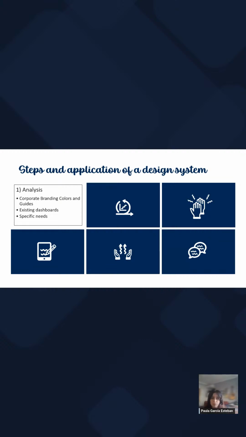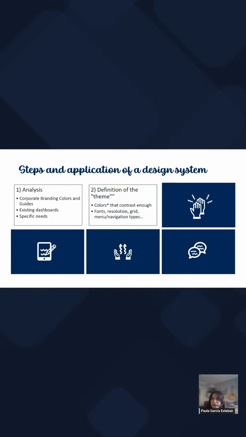So with everything, I make this audit, this analysis, and then I define the theme, assuring the contrast in the colors. Sometimes the colors that marketing has are not perfect in terms of data visualization because we are communicating numbers, so they should be readable. If not, it's not useful.